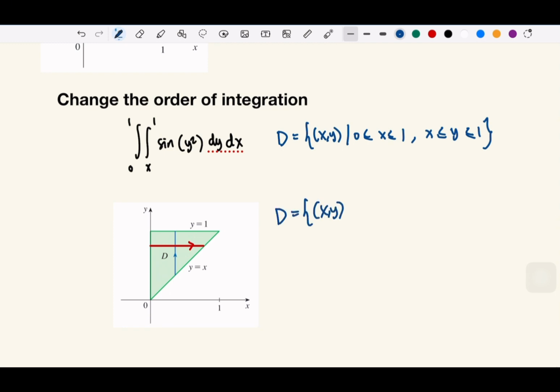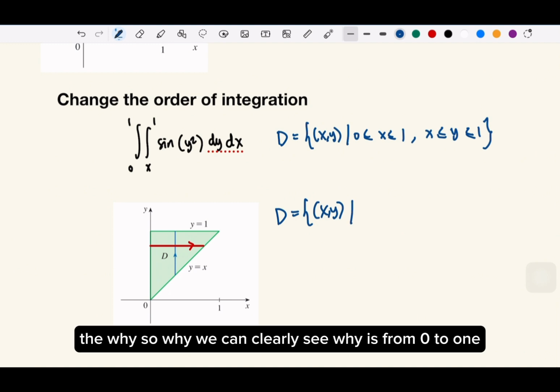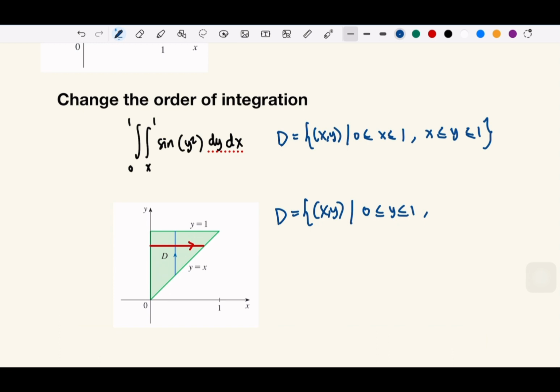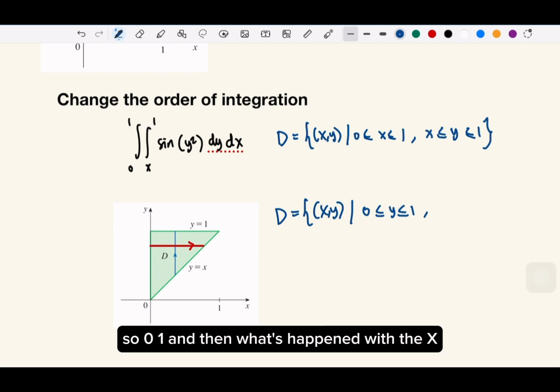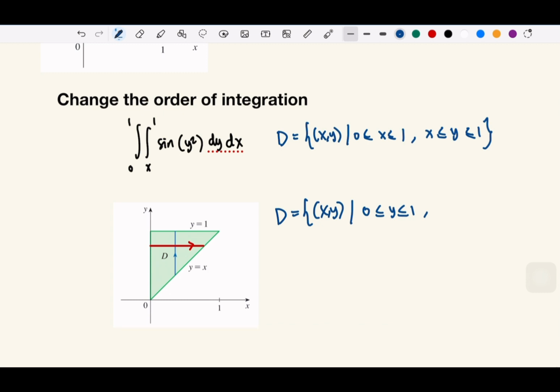If we take the y, we can clearly see y is from 0 to 1. So 0, 1. And then what happens with the x? x will start from 0 to y.